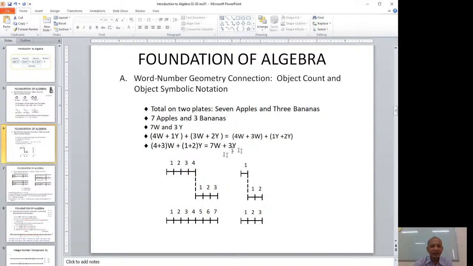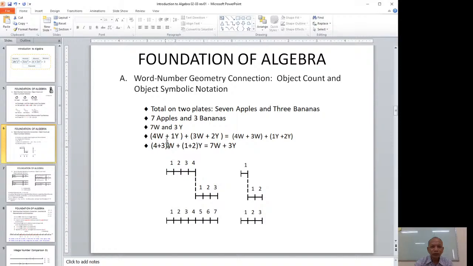Here further, beside the representation of things, events, everything by letters and numbers, here we can represent them by a line, a segment.